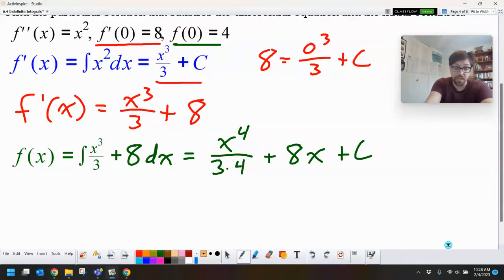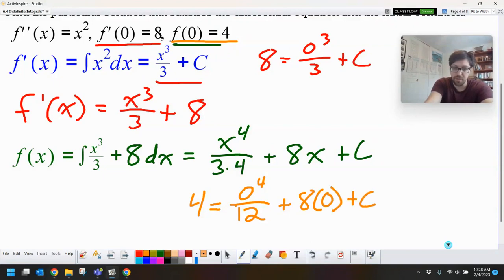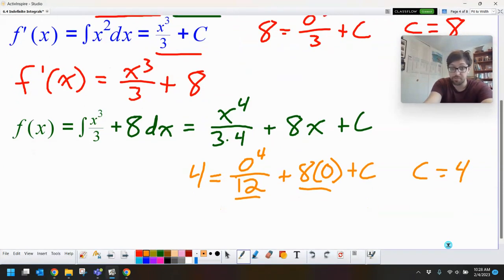Let's plug in the value that we got up here, f of 0 equals 4. So that'll tell us that 4 equals 0 to the 4th over 3 times 4, that's 12, plus 8 times 0 plus c. Well, that's going to be 0, and that's going to be 0, so, oh cool, c is just going to equal 4.